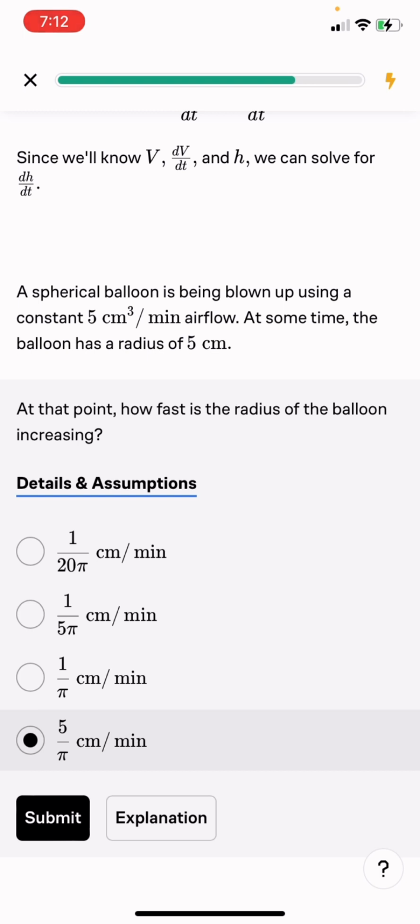Has a radius of 5. Circumference, the radius.